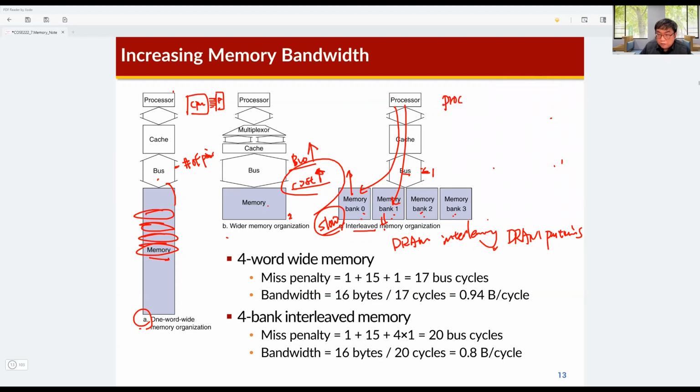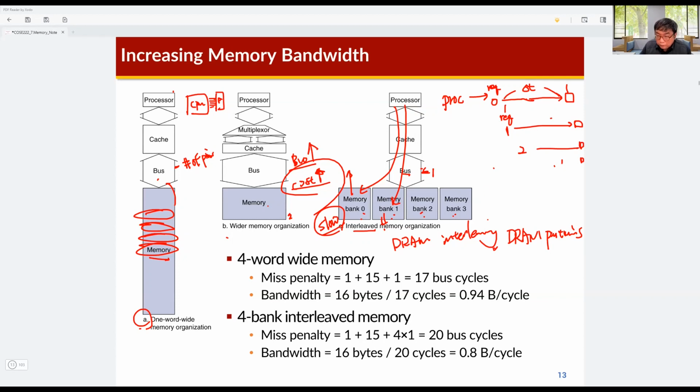This is the processor, and the processor gives a request to memory 0. It will take a very long time, and then data will be out after a time delta t. During this delta t, the bus is not used, so the processor can give another request to DRAM partition 1. It will take a very long time here, then 2 here, and here.